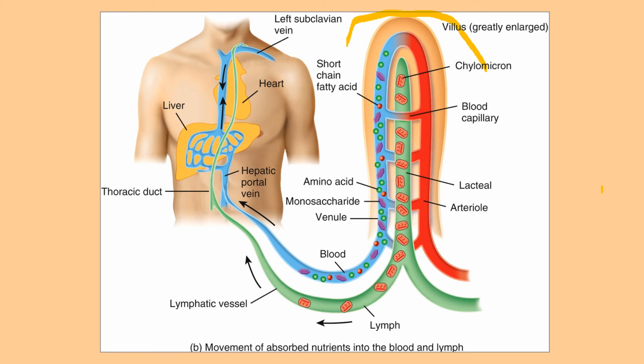And so the next thing we can do is trace the trajectory for both blood and lymph. So what's the next stop for the blood that contains newly absorbed water-soluble nutrients? Let's take a look at that blood vessel. These blood capillaries are going to merge to form venules, and venules to form veins. And this blood is going to travel from the small intestine directly to the liver in a blood vessel known as the hepatic portal vein.